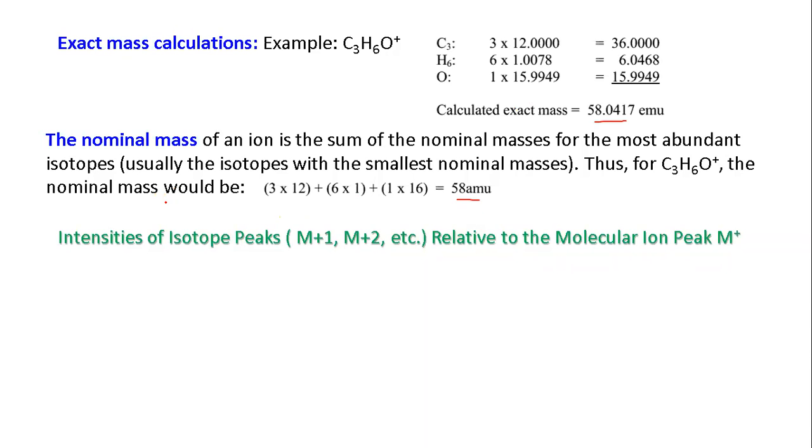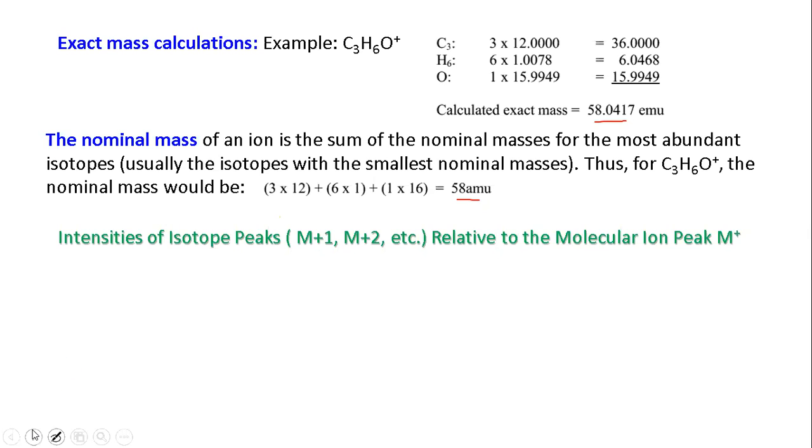Now, what you can do, just looking at the mass spectrum carefully, you can differentiate the different molecular ions having the same nominal mass, because they will have different peak intensities of the corresponding isotopic molecule.